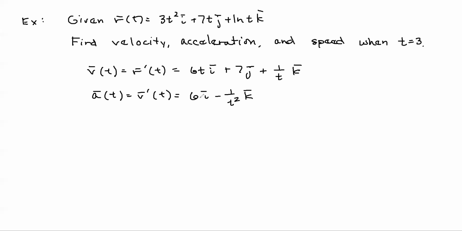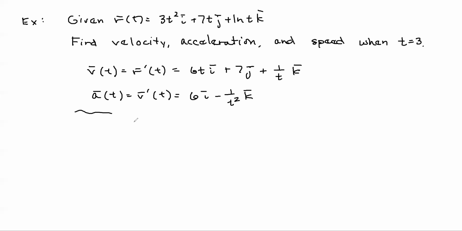And so that gives us the acceleration vector. And then to find the speed, you can find the length as a function, but typically it's easier to find the velocity vector and then just find its length to calculate the speed. So let's just do the speed in a minute.